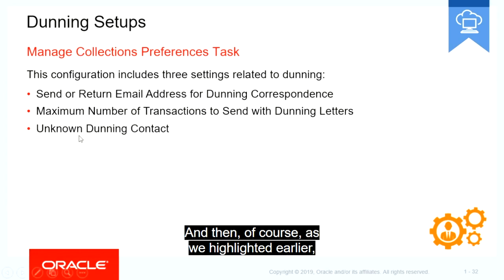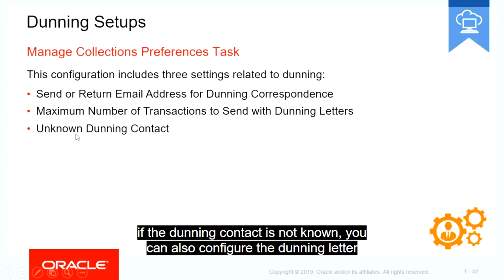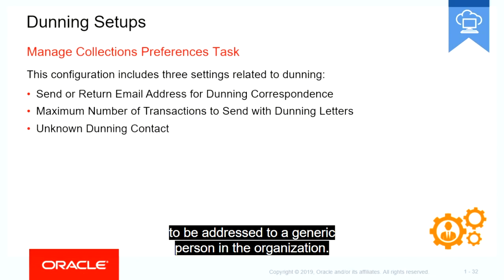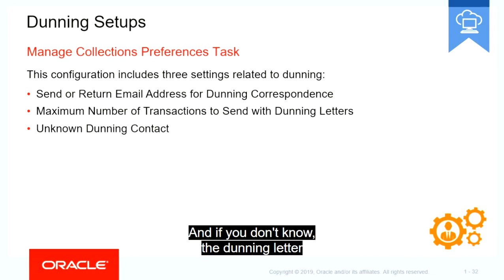And then, as we highlighted earlier, if the Dunning contact is not known, you can also configure the Dunning letter to be addressed to a generic person in the organization. You might not know the name and last name of that person, and if you don't know, the Dunning letter can be addressed to the accounts payable manager. That's what this unknown Dunning contact means. So it's a default contact for unknown Dunning recipients.